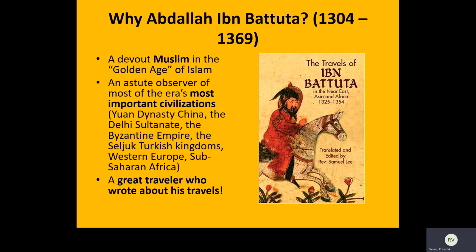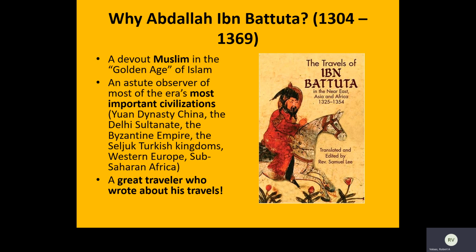Well, first of all, he was a devout Muslim in what's often described as the golden age of Islam. During this time period, there were probably more followers of Islam than any other religion on earth. Islam, of course, was one of the world's dominant civilizations, so widespread, connecting everywhere from Southeast Asia to Spain, and from Central Asia all the way down the east coast of Africa.